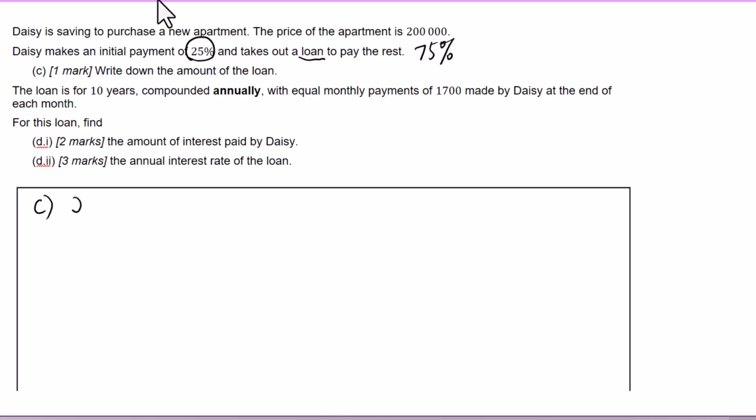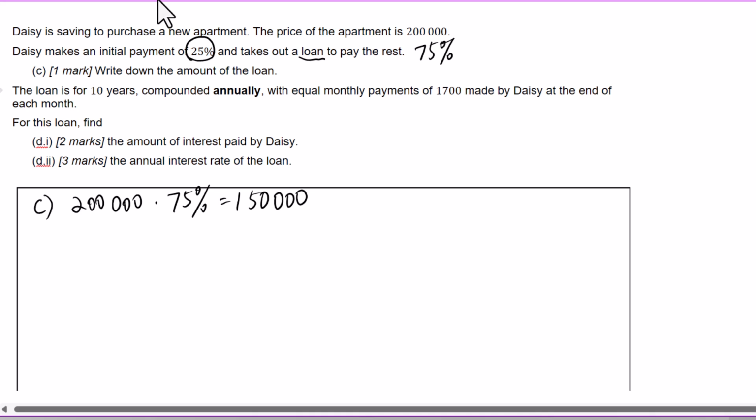We want to figure out the amount of the loan. We will use 200,000 times 75% equals $150,000. The loan is for 10 years, compounded annually, with equal monthly payment of $1,700 made by Daisy at the end of each month.